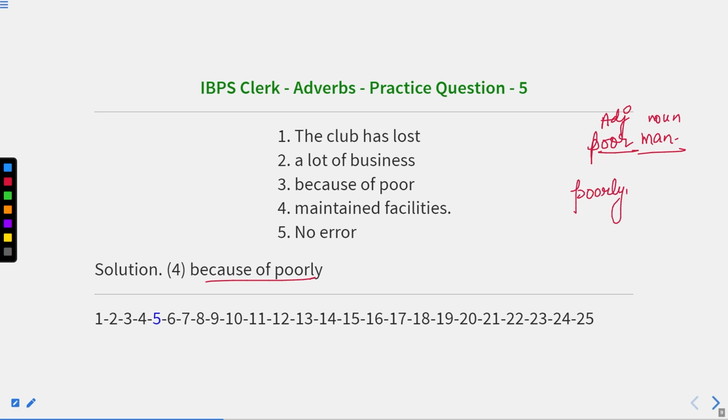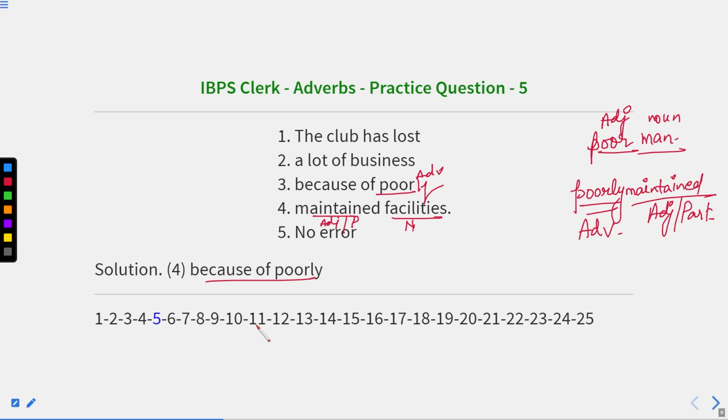And here maintained is actually a participle, and a participle is somewhere an adjective. So this is adjective or participle, and this is adverb. So this is the basic concept. Facilities noun, maintained adjective or participle, and poorly is an adverb. So here ly will be used.